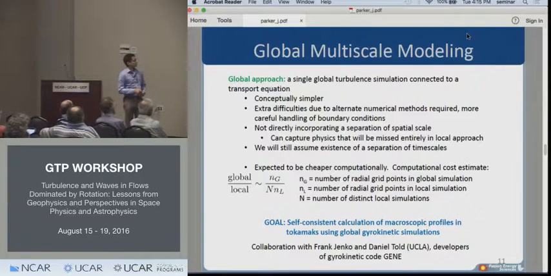If you estimate the number of radial grid points needed just to get convergence, at least for our problem, some estimates suggest that you actually would need fewer total radial grid points. So that's the goal, to do this kind of self-consistent calculation of macroscopic profiles and global gyrokinetic simulations. We're collaborating with Frank Jenko and Daniel Told at UCLA, who have developed the GENE gyrokinetic code.